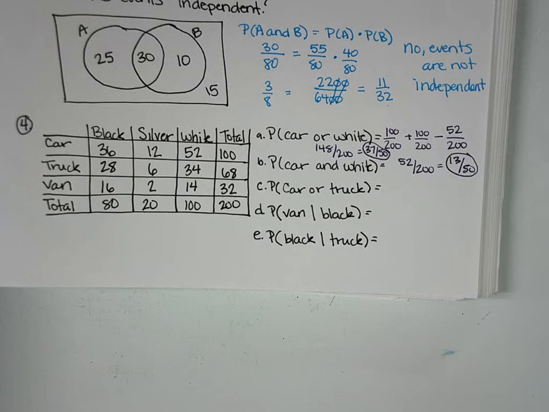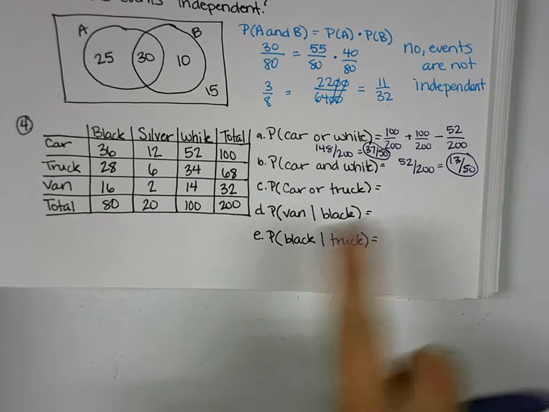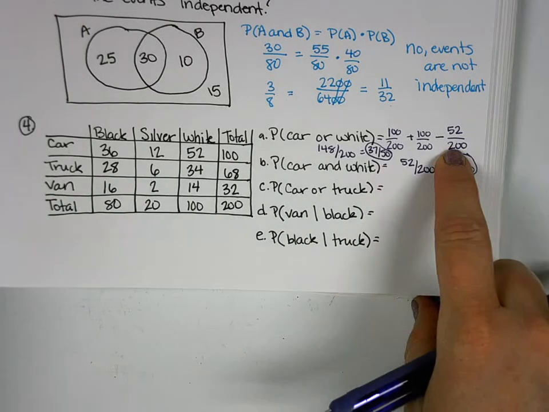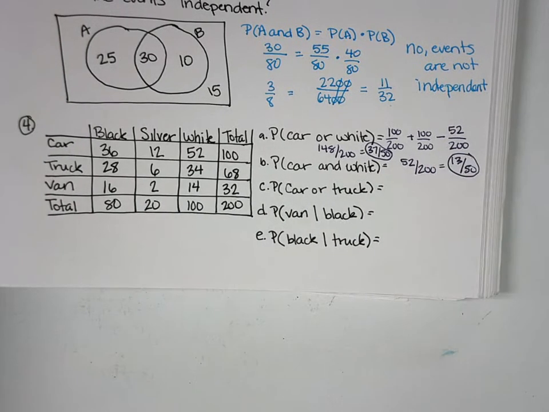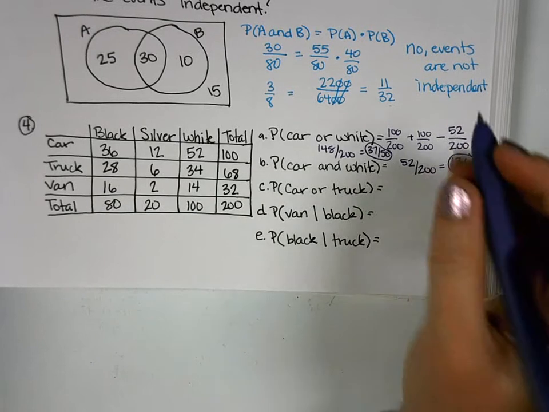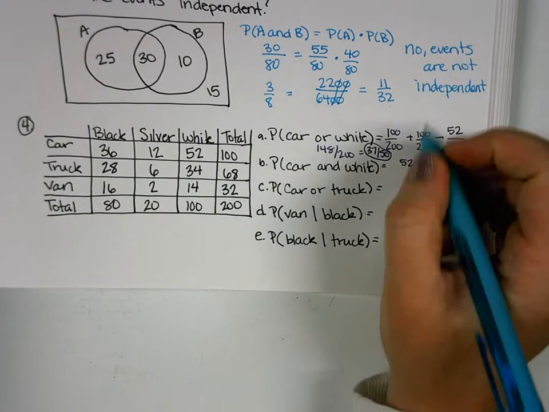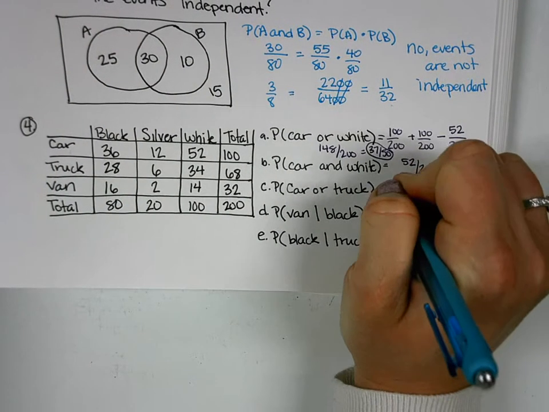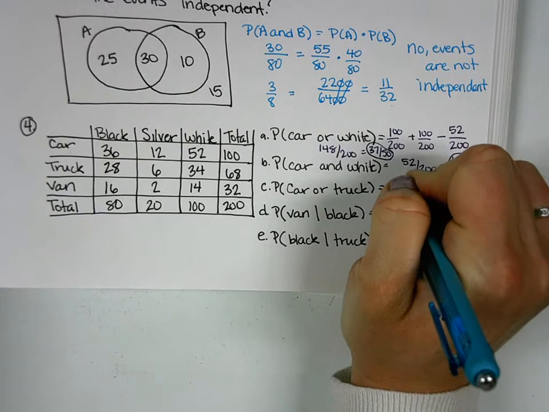Okay, what's the probability of a car or a truck? So are those mutually exclusive? Yes, because they don't ever cross. They're two columns. So that means, unlike this first one where we had to subtract, we don't have to do that. All we have to do is add the probability of a car. So what's our probability of a car? 100 out of 200.